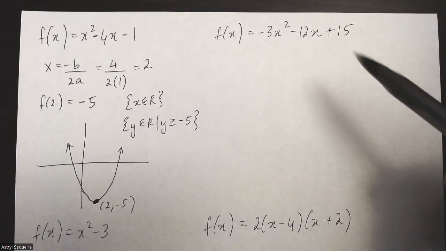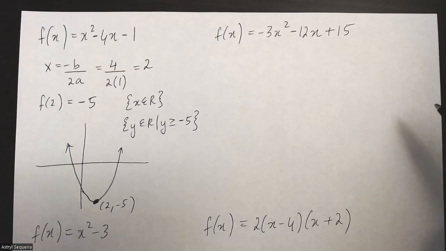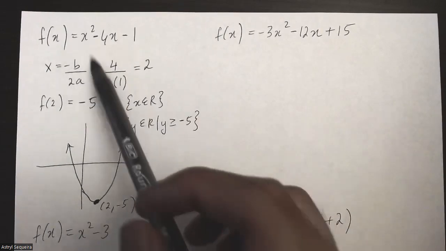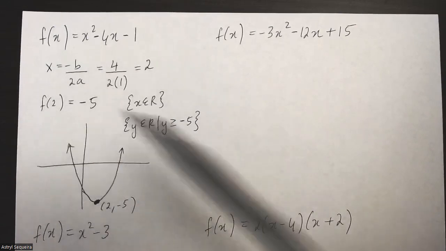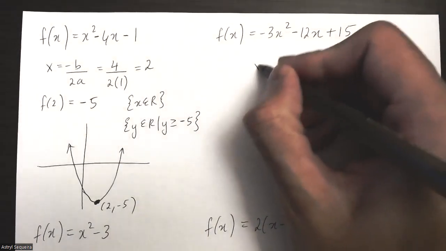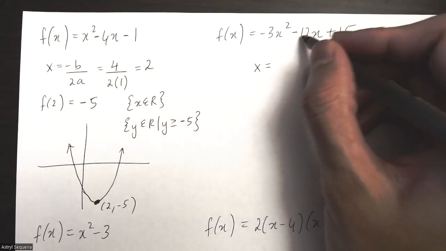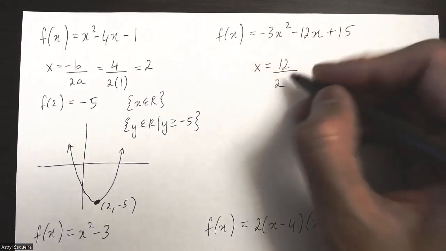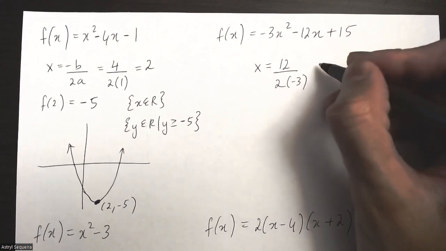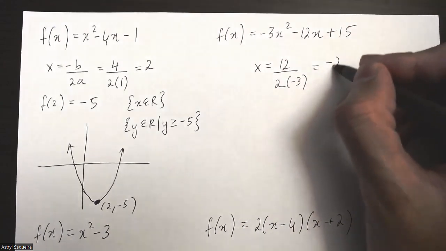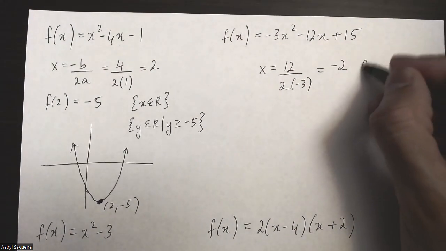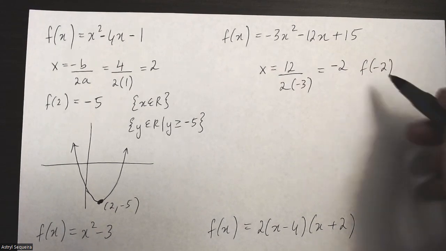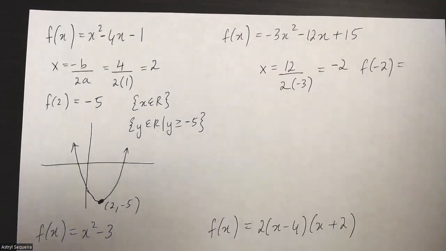Let's take a look at the second question over here. This one is again in standard form, so I'm going to use the exact same equation as this one here. X equals negative of -12, which is +12, divided by 2 times a, which is -3. This is just -2. I'll find f of -2 by subbing this into the equation there.